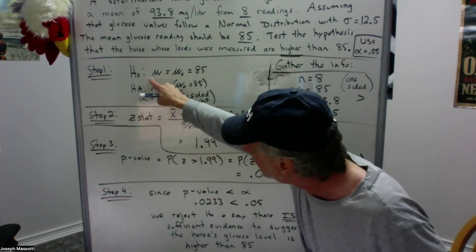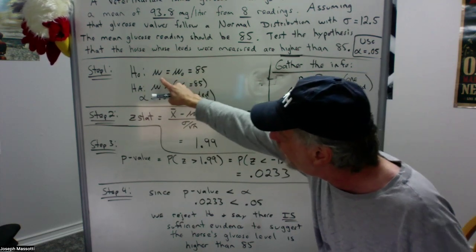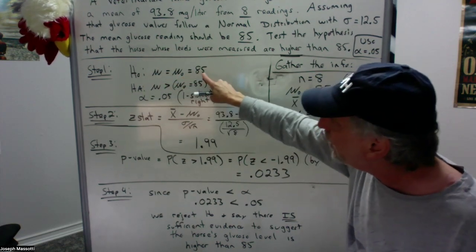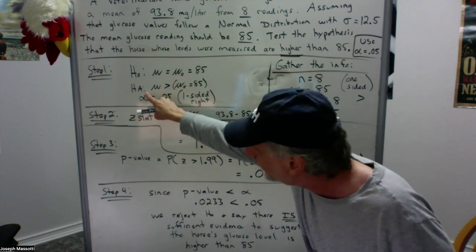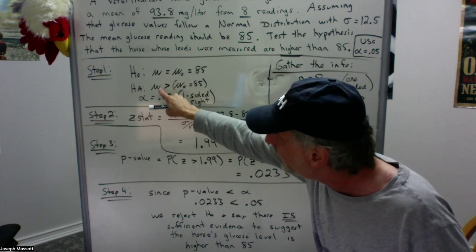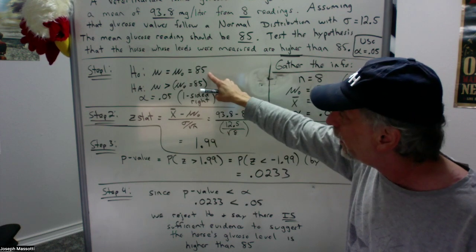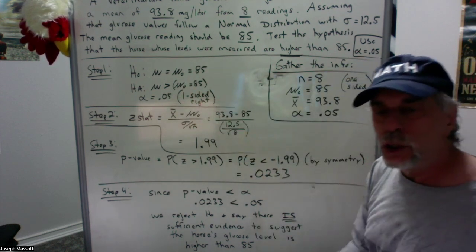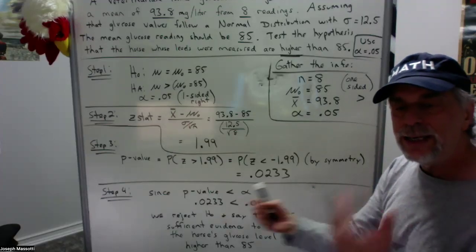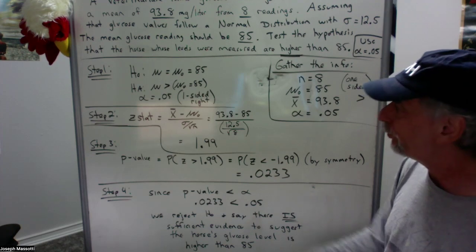The null hypothesis is the statement that the unknown population parameter equals some value that we think going into the test. We are looking for evidence, the alternative, that that unknown population parameter is greater than what we think. We determine a significance level, we label it as two-sided or one-sided, either to the left or right, depending on what we're looking for.